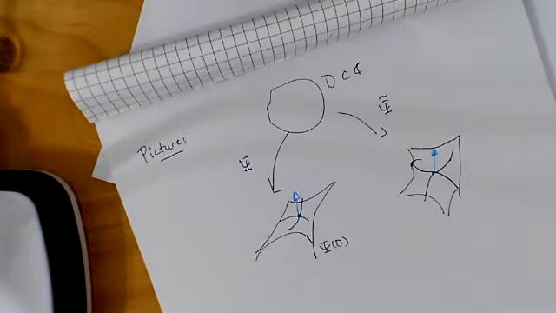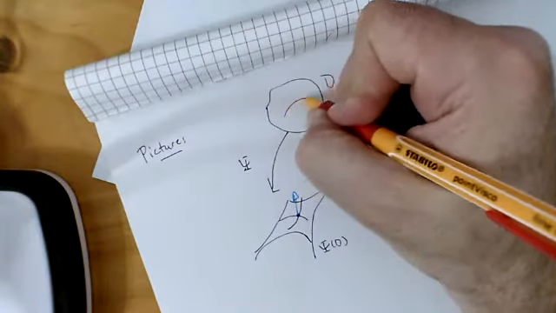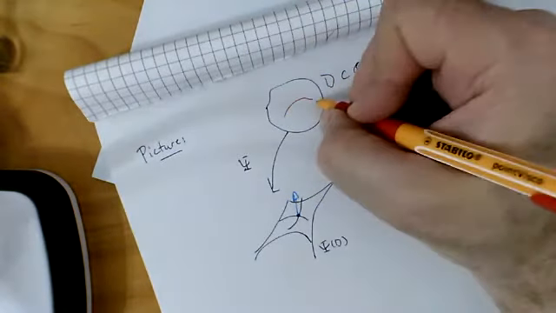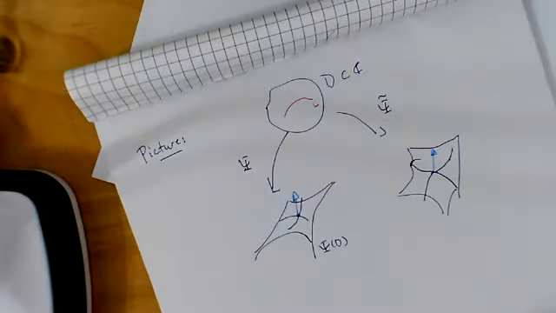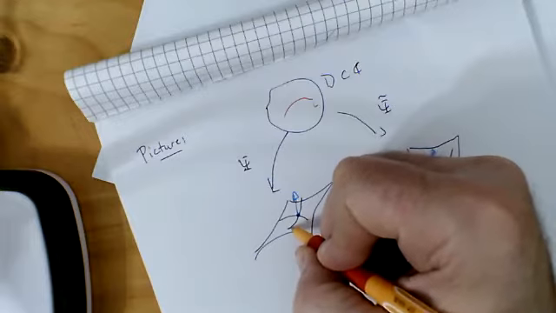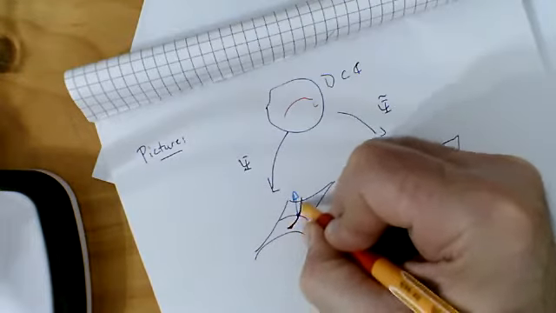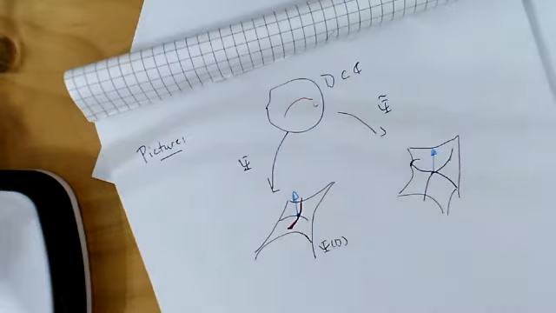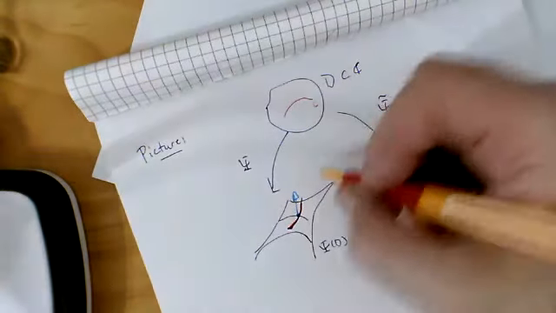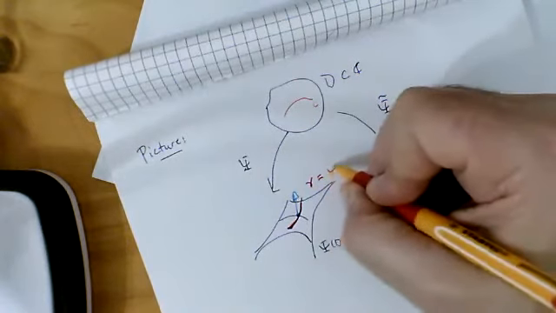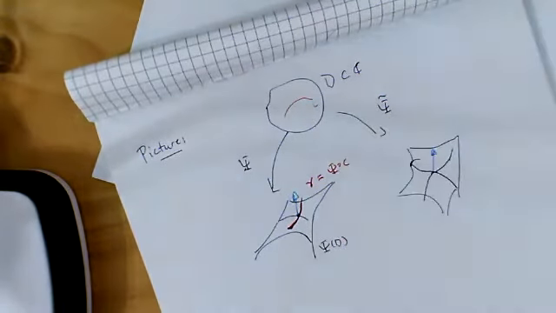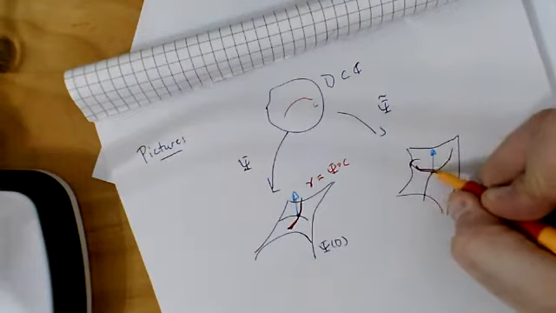Okay. Back in my domain, I can choose a curve. Let's call this curve C. And this curve can get sent down to the curve gamma in this surface, and it can get sent to this curve here.